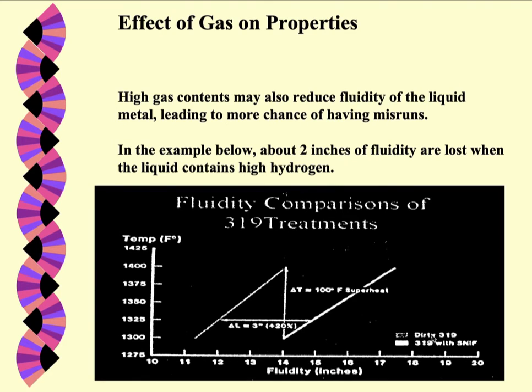It's hard to see which one is which, but the dirty 319 is this one here. The 319 that has been degassed is over here on the right. So it has a higher fluidity when you have no gas or little gas in it.